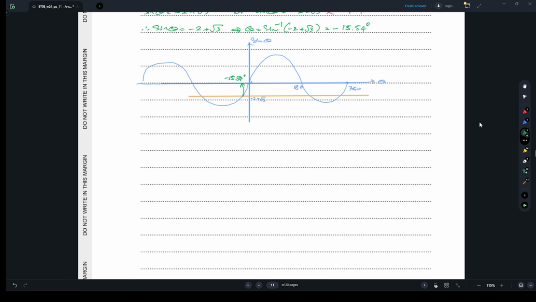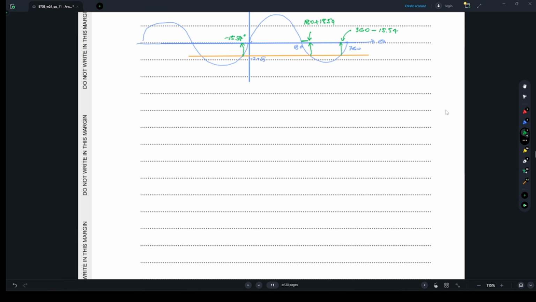According to the symmetry, the next values you will find here and here. This value you can find by taking 180 plus, by symmetry, this small piece is 15.54, and this part is also the same, but 360 minus 15.5.